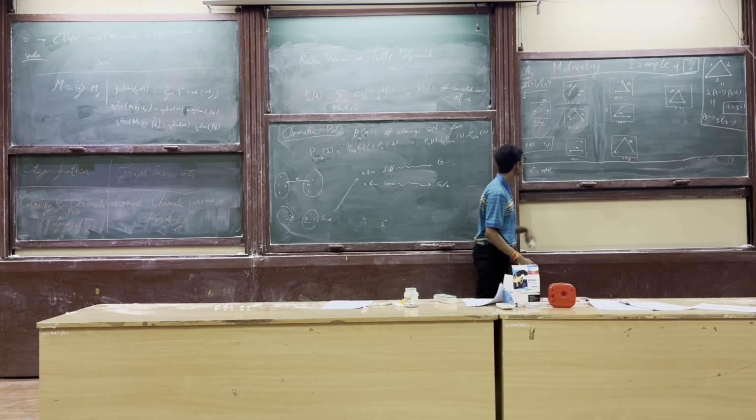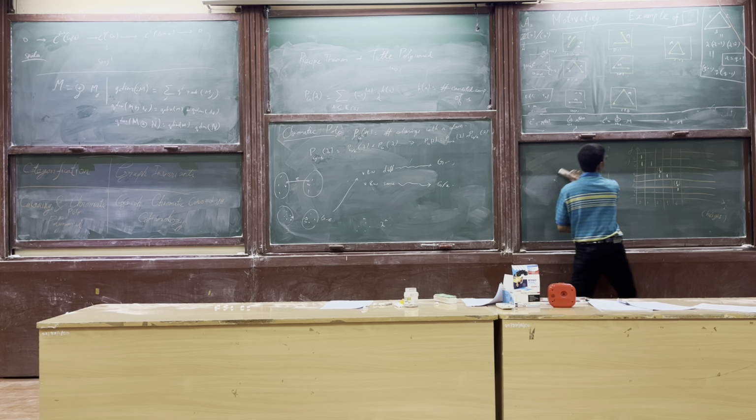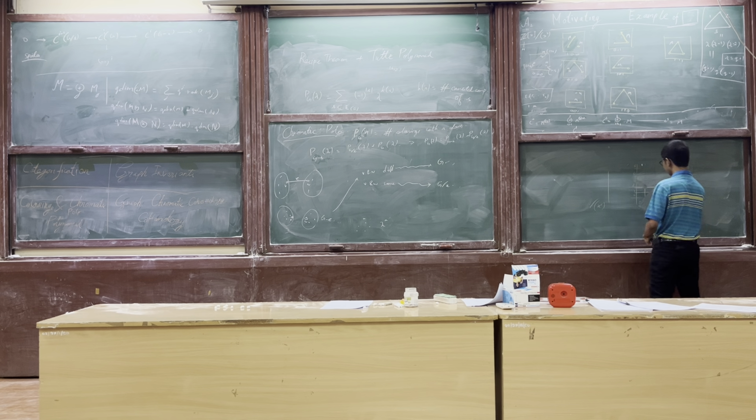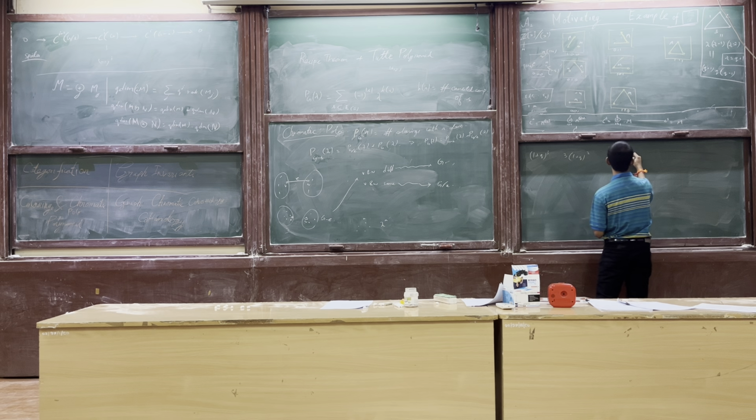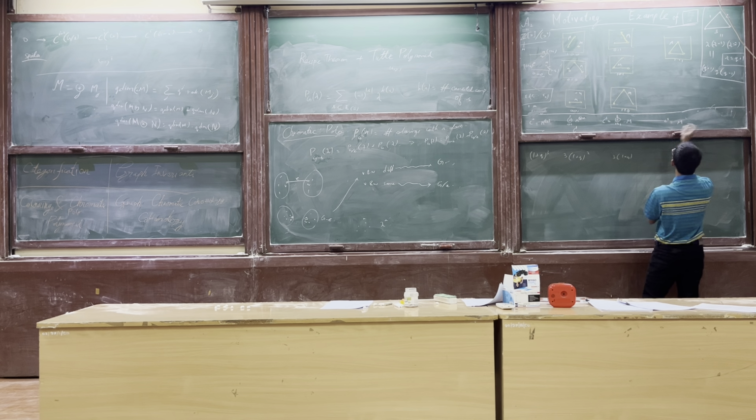So for this one you take 1 plus q whole cubed, and for this one it is 3 times 1 plus q whole squared. This is 3 times 1 plus q, and this is just 1 plus q.